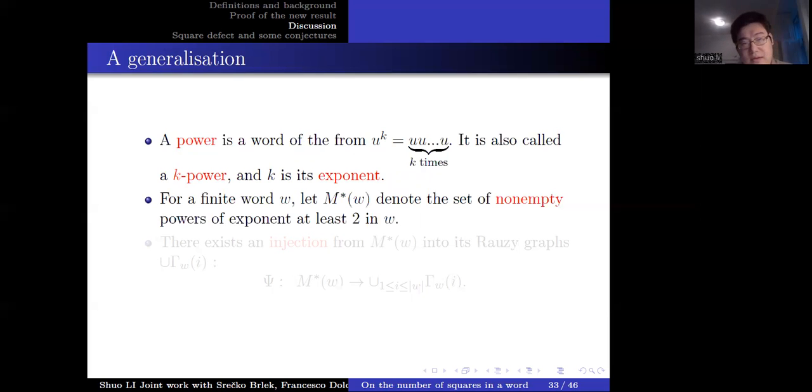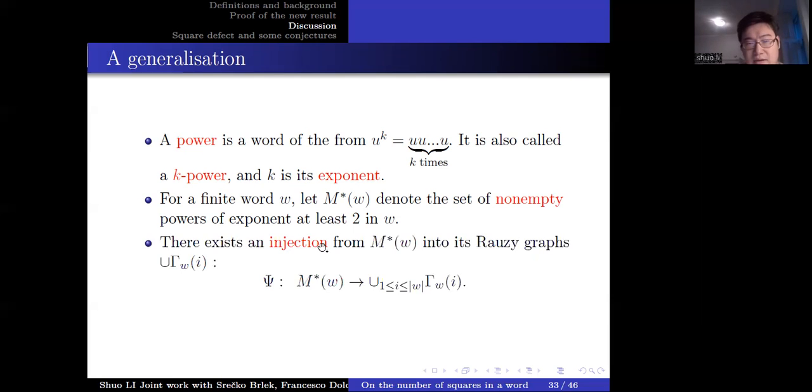and if we let the capital M star of W denote the set of all non-empty powers of U with an exponent at least 2, by the exponent, I mean just the index of the power.